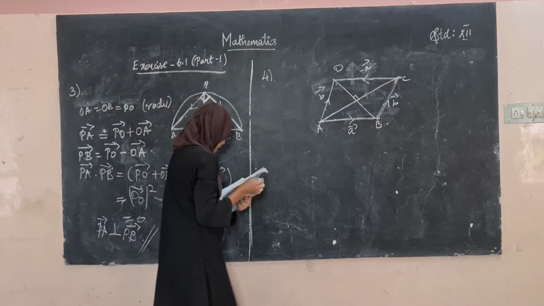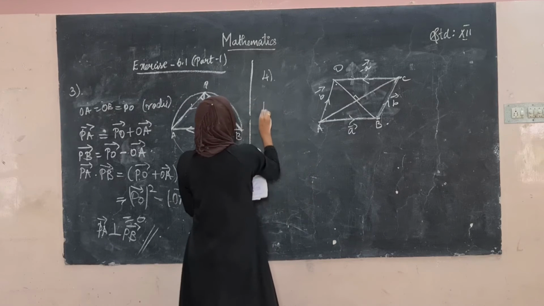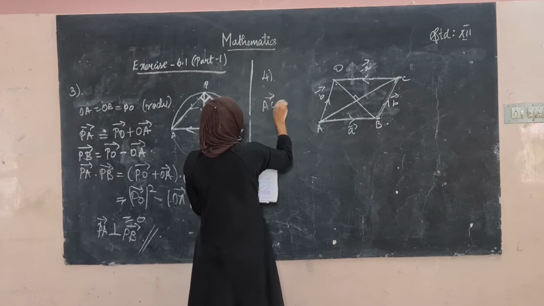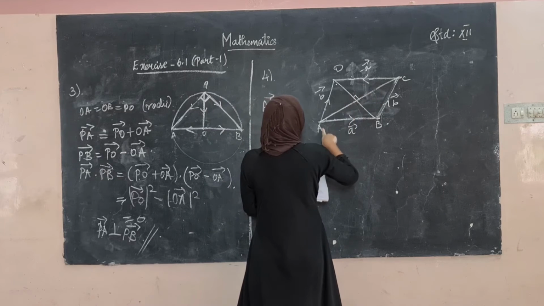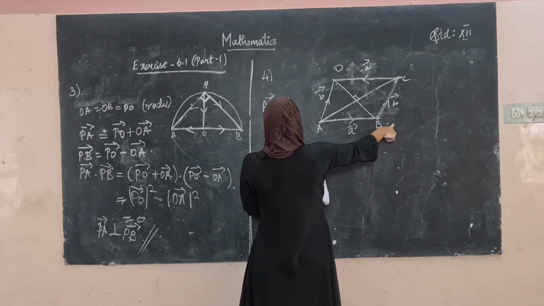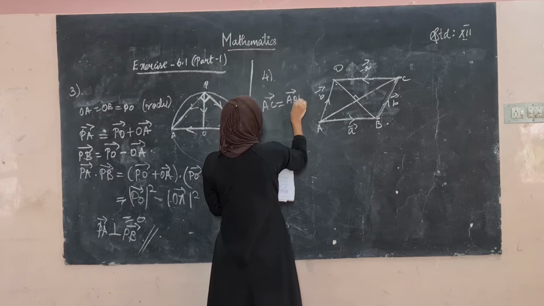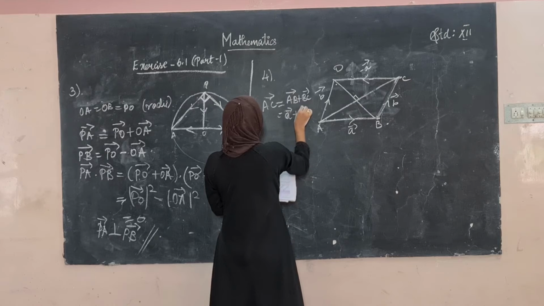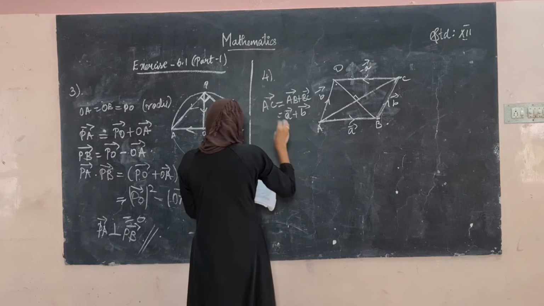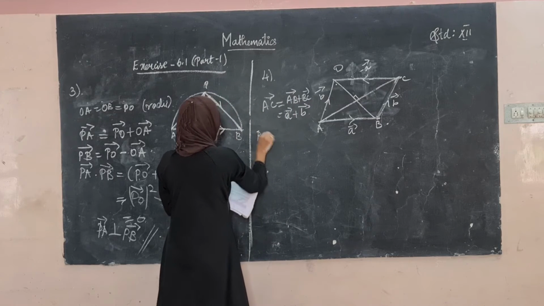Okay. So for that, now let us take what is AC vector? AC vector is equal to AB vector plus BC vector, which is equal to A vector plus B vector. Okay. Similarly, what is BD vector then?